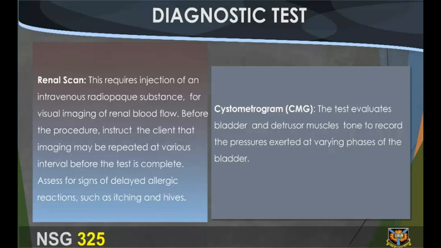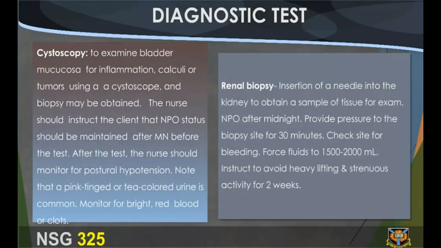Cystometrogram (CMG). The test evaluates bladder and detrusor muscle tone to record the pressures exerted at varying phases of the bladder. Cystoscopy. To examine bladder mucosa for inflammation, calculi, or tumors using a cystoscope, and a biopsy may be obtained.